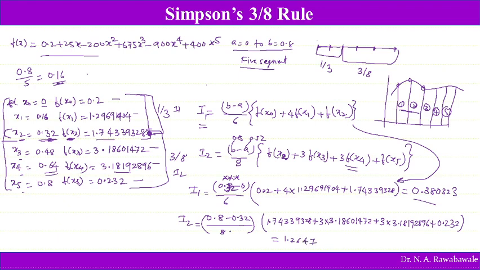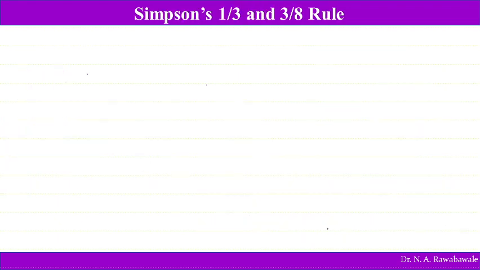On simplification, we get this integral I2 as 1.2647. So I1 we know, I2 we know. So the total integral I is equal to I1 plus I2, that is I1 which we obtained as 0.38032, and I2 which we obtained as 1.2647.